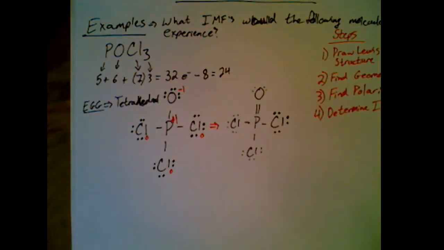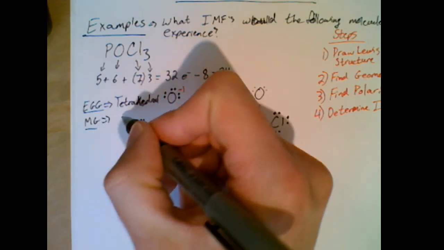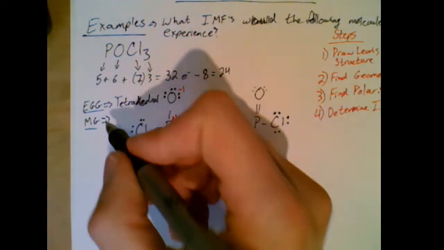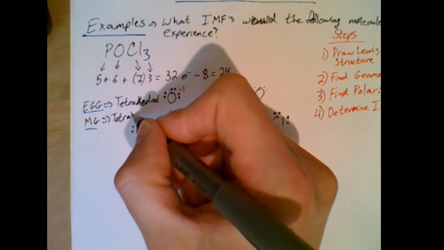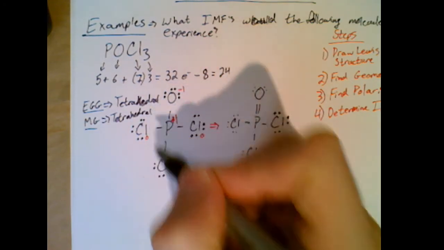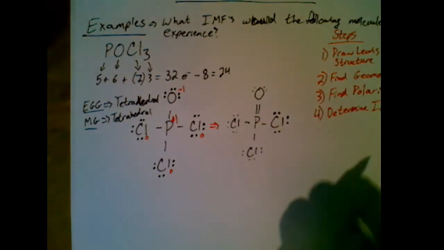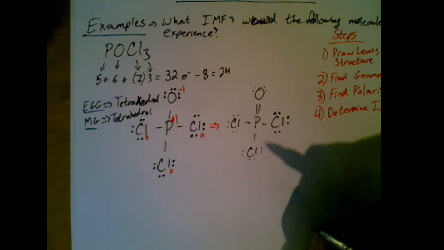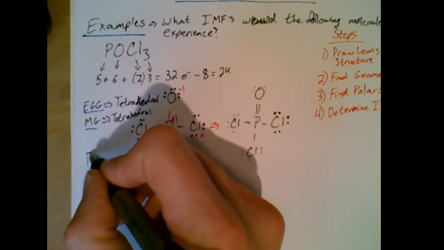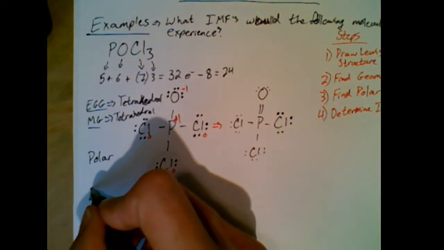Molecular geometry is going to be the same because there are no lone pairs on the central atom, so it is also tetrahedral. Then we need to look at whether it is symmetrical or asymmetrical. It has a different atom on one side of this molecule, which means it's asymmetrical, which tells us this is a polar molecule.